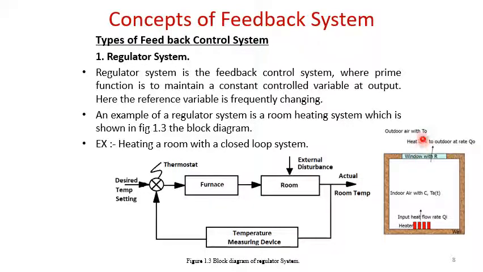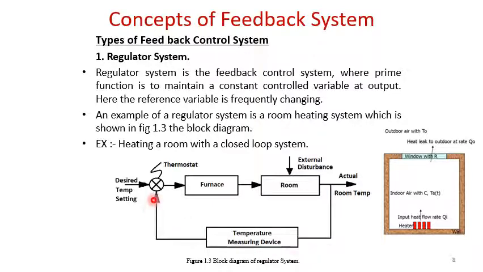Because of an external disturbance, say a window or door is opened, what happens? The outside air is going to enter or heat is going to leak out, so the temperature is going to drop. Because of the drop, we have to measure the room temperature again.